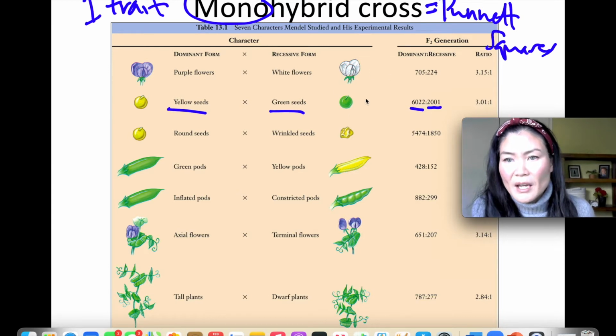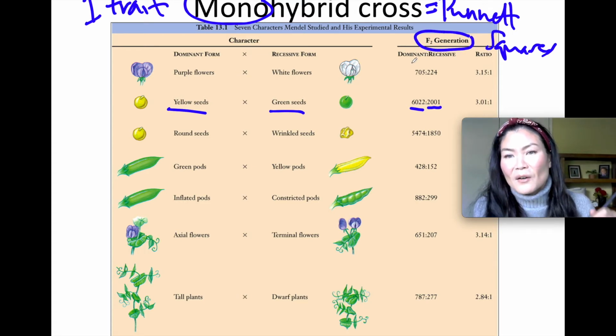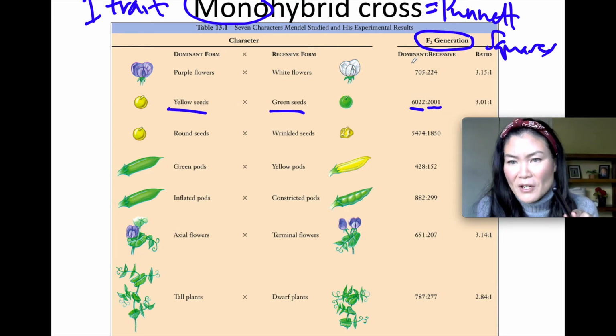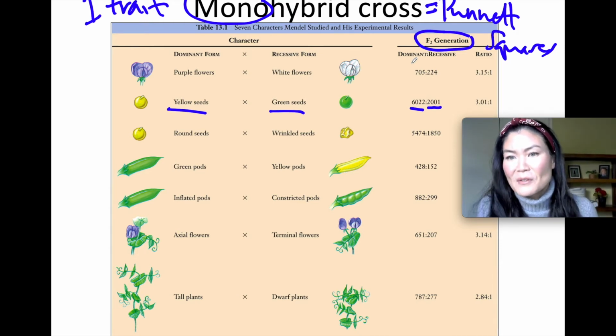When we say F2, we're talking about how you have the P generation and then you have the F1. F2 is the offspring of the F1. So you can see why it took so long to do this experiment, because it was a generational study.